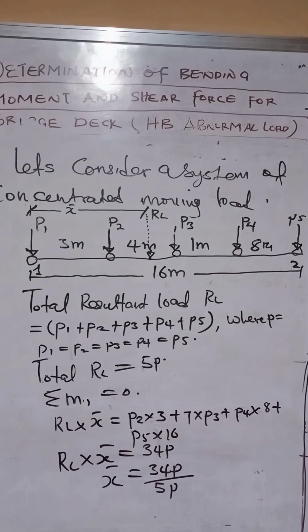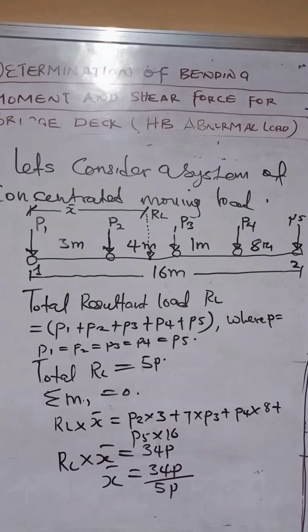So the negative sign is not really considered at this point, because if I decide to put my negative sign, it means that my RL will become negative 5p. But we're not interested in the stability at this point. We are just interested in getting the position of the center of gravity, not necessarily on the stability. So my RL is taken as 5p.